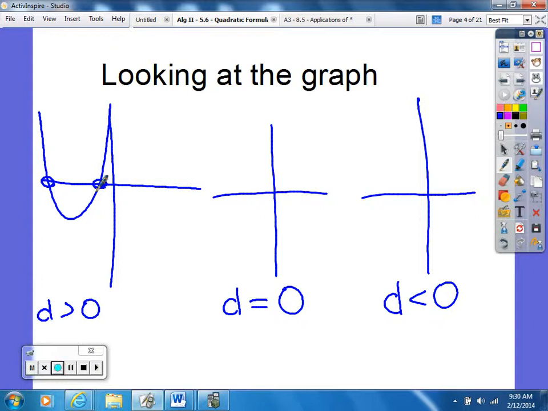Discriminant is 0. Somebody raise your hand and describe to me what it would look like if the discriminant is 0. It could touch the y-axis. So neither Sean nor Mason are wrong, but they're not 100% correct. Can't be sideways. If the graph had been x equals y squared, that's when it goes sideways.